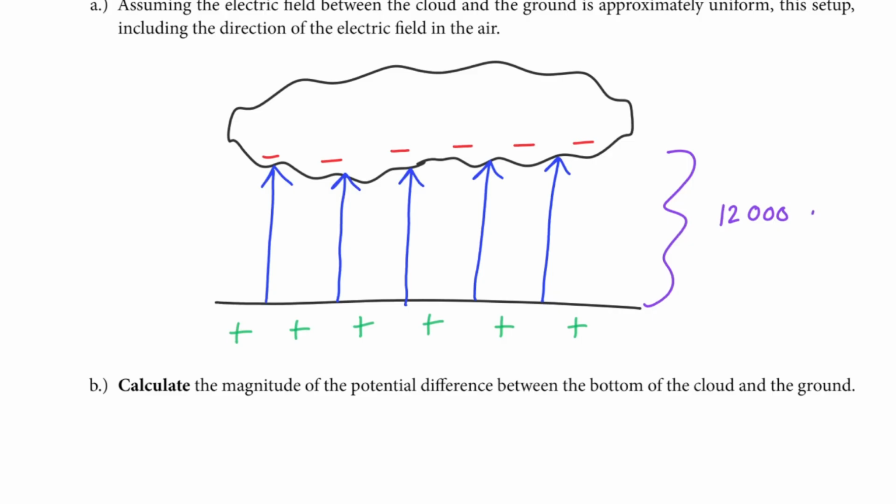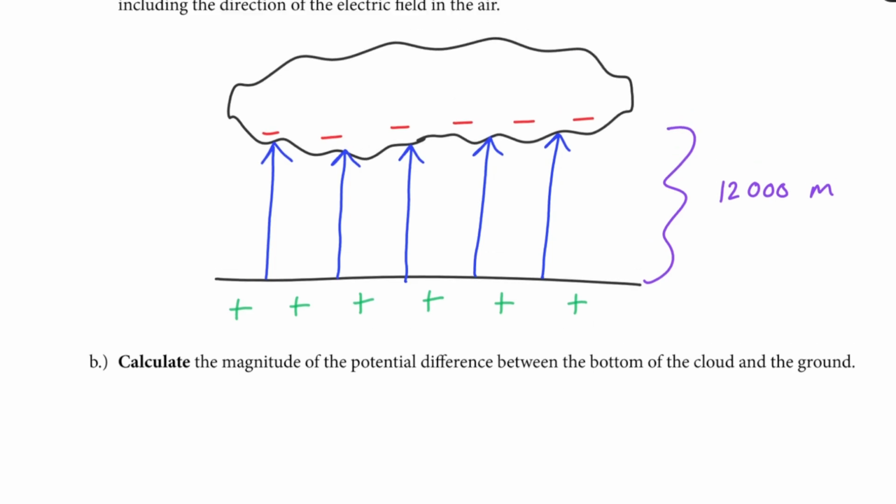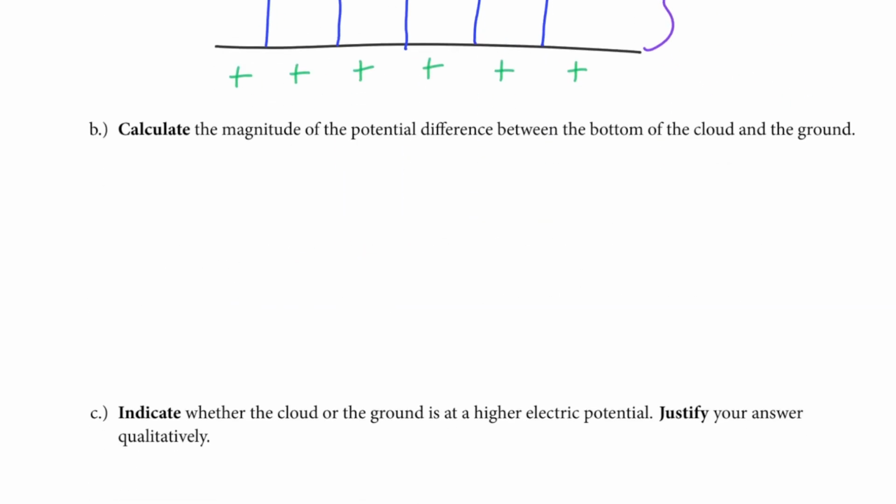So now what we can do is calculate the voltage difference between the bottom of the cloud and the ground. Our formula for potential difference in terms of E field is that the change in your height is the slope of your terrain times how far you walk along that terrain. And this is just the magnitude.